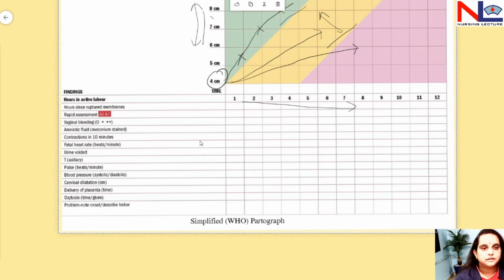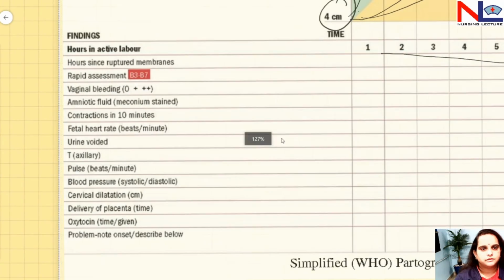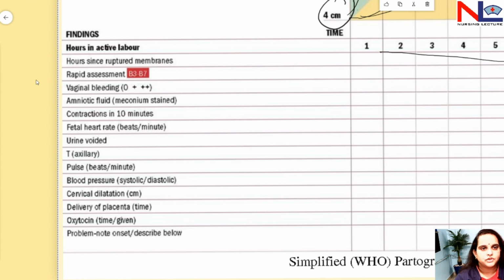Other than that there are other parameters you can mention here: at what time the membrane ruptured, rapid assessment, whether vaginal bleeding is there or not, whether the amniotic fluid is stained or clear, and contractions, how many contractions are coming in 10 minutes.